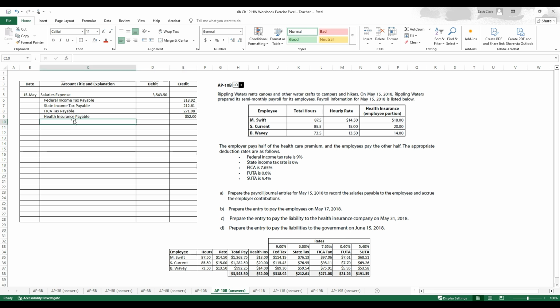And finally, after accounting for all of the things that need to be held back from the employee's paycheck, because it's being remitted to these different government agencies or the health insurance company, the net amount is the expense minus all of these other things, essentially. 2668.89.